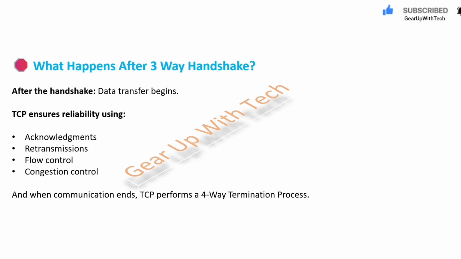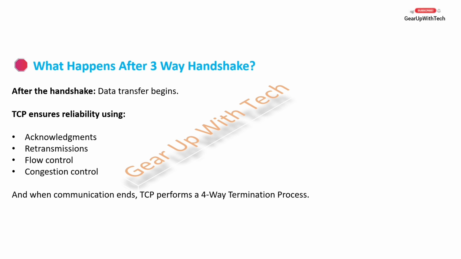So what happens after the three-way handshake? After the handshake, data transfer begins. TCP ensures reliability using acknowledgements and retransmissions. Suppose any packet is not delivered, it will retransmit that packet. It controls the flow also.